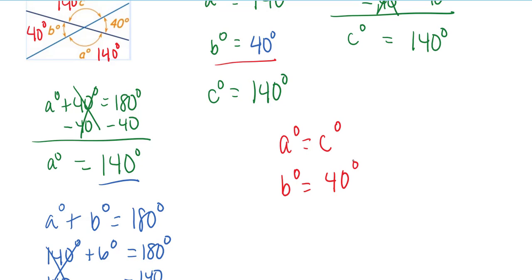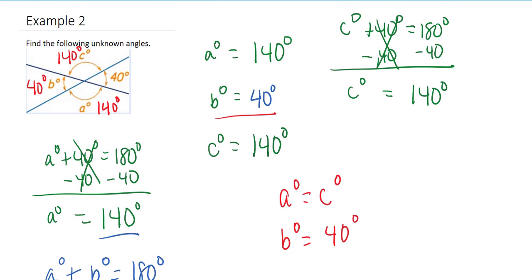This is something really interesting to know about vertical angles, and you can see how that makes sense. Angle A shares a line with this 40 degrees, so that has to equal 180 degrees.